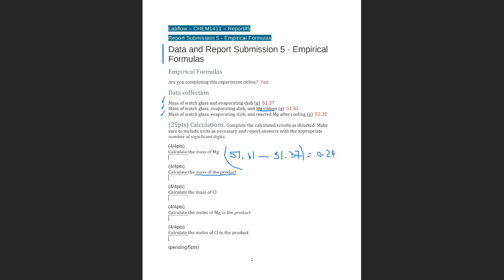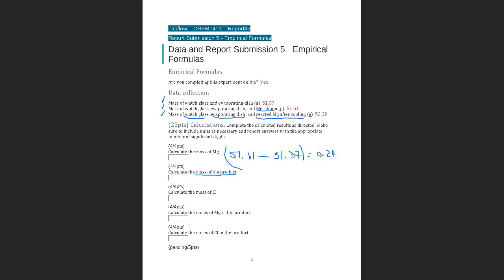You said 52 point, where did you get that number, the 52.8? For the mass of the product, after everything reacted, you want just the mass of the product, but you don't want the mass of the watch glass and you don't want the mass of the evaporating dish, but you want the rest.